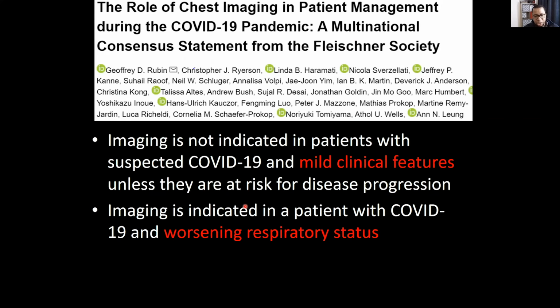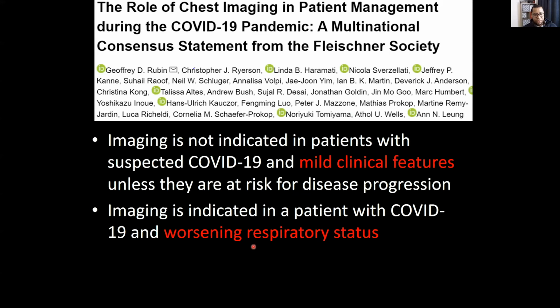You can start with a chest x-ray to see if they actually have a pneumonia, and CT scan could be used if there's suspicion for other things. They also said imaging is indicated in a patient with COVID-19 and worsening respiratory symptoms, right?